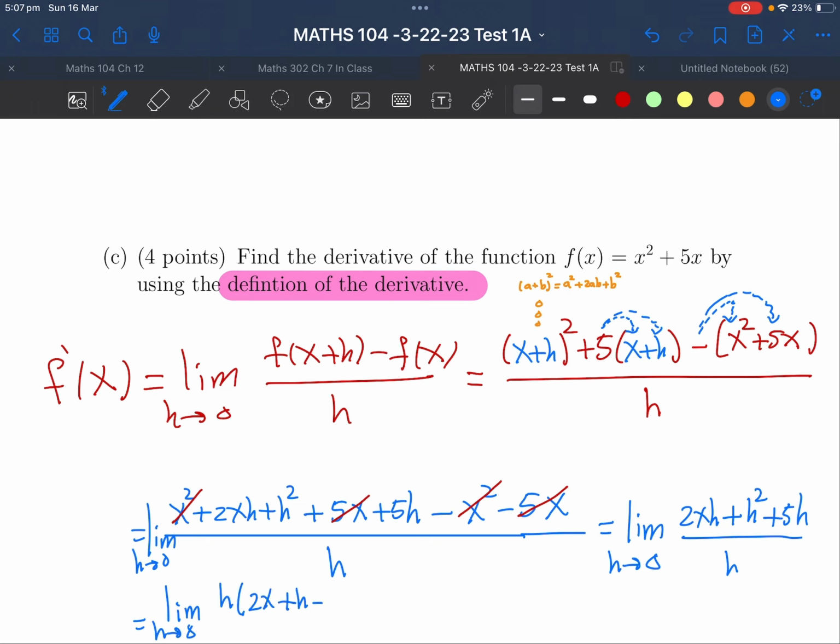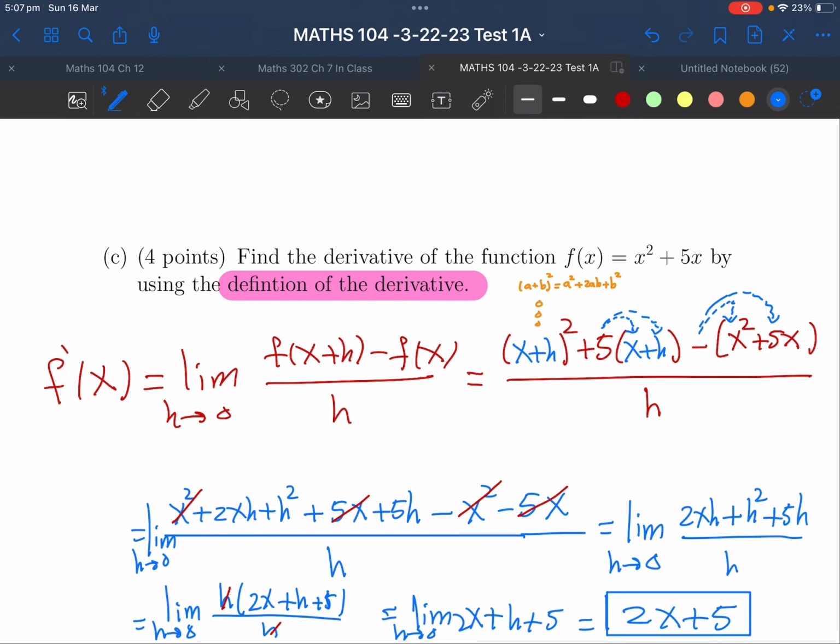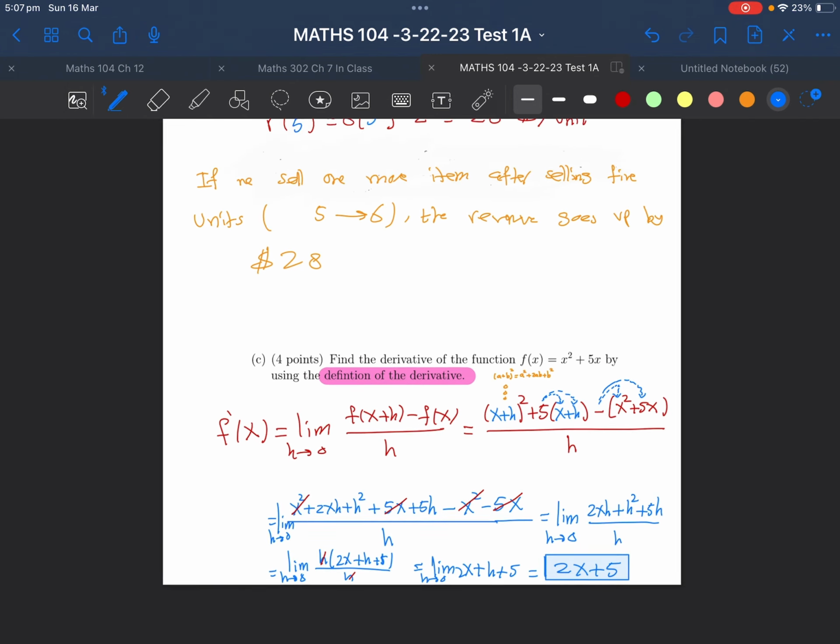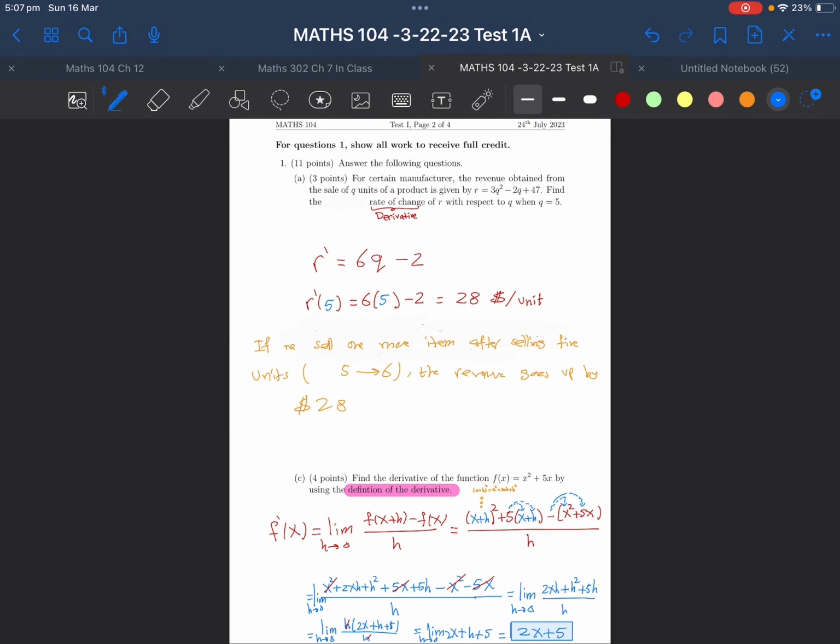We cancel h with h, so we end up with a very simple limit, which is 2x plus h plus 5. If we substitute 0, the final answer is 2x plus 5. And that's the derivative for this function using the definition of the derivative. That is the written part of this test.